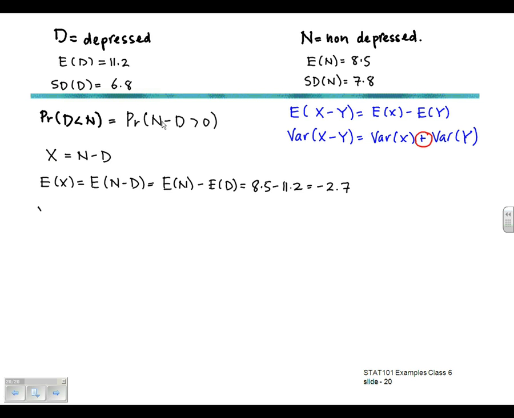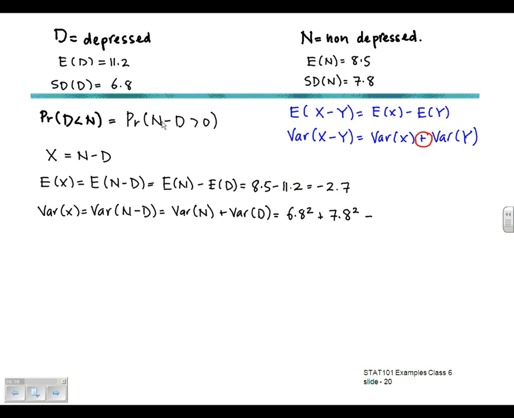Again now, to find the variance of x, we need to find the variance of N plus the variance of D. So the variance of x is equal to the variance of N minus D, which is the variance of N plus the variance of D. And those values are 6.8 squared, remember standard deviation squared for variance, and 7.8 squared.